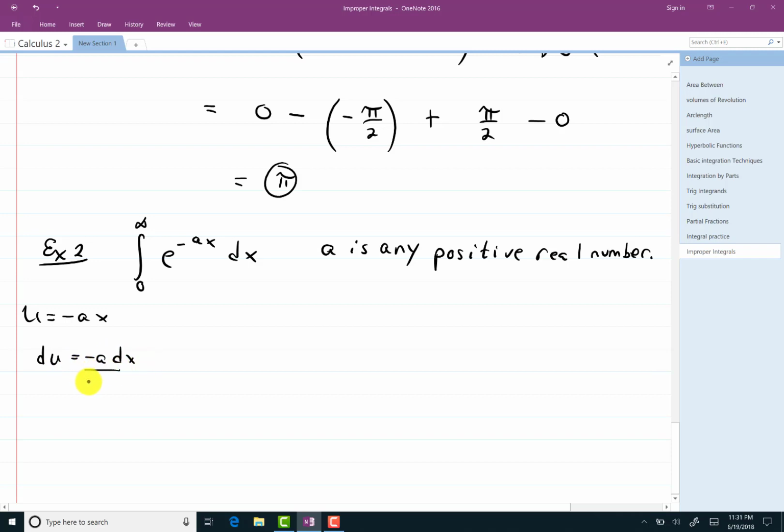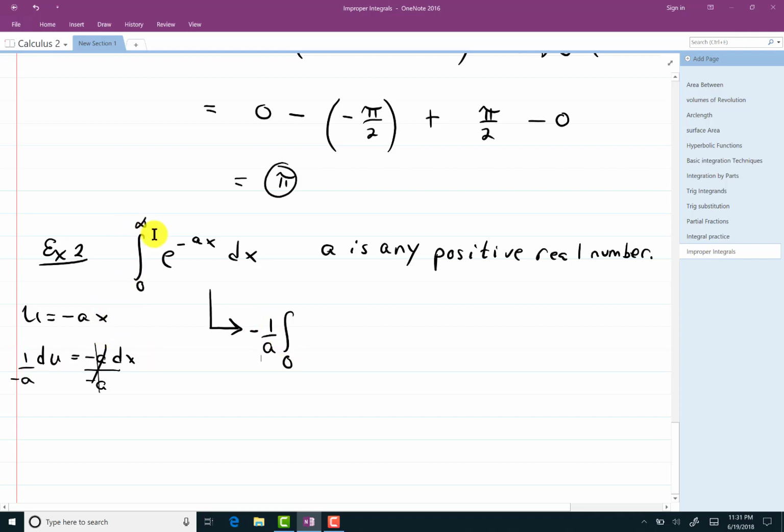And I'll divide by negative a, so that this integral then, well, let's throw our numbers in. If I put a 0 in for x, it still will be 0 here. Let me put the negative 1 over a out front because it will appear there at some point anyways.